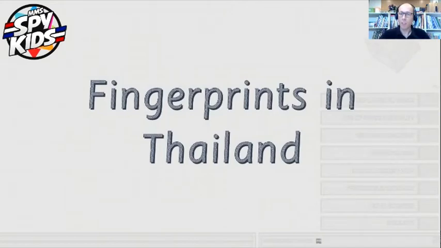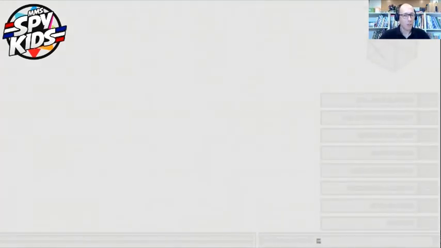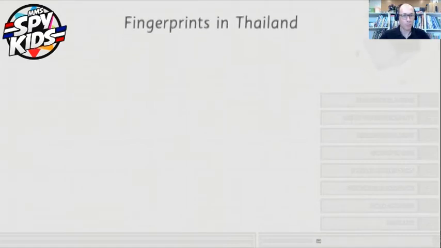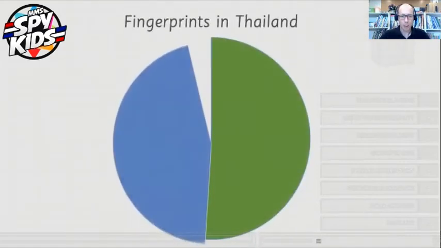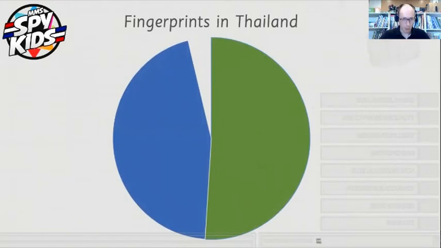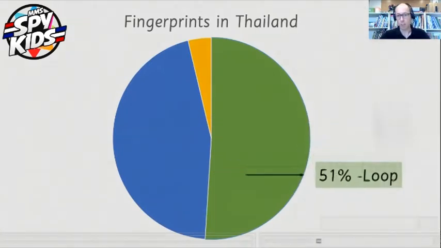So, fingerprints in Thailand. Let's talk about this. Which one are you? Well, here's a big part right here. It's a very big part again, and a very small part. Do you remember? The biggest part is loop, like me.